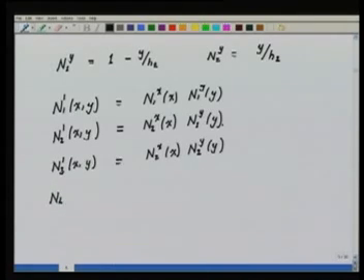And n4 in element 1, which is a function of x and y, is equal to n1 of x and n2 of y.